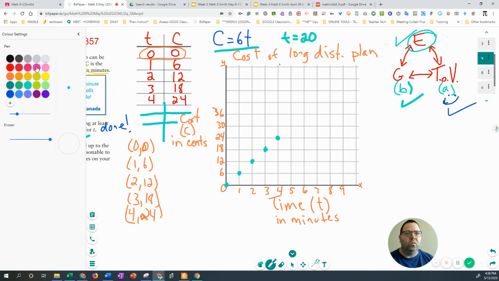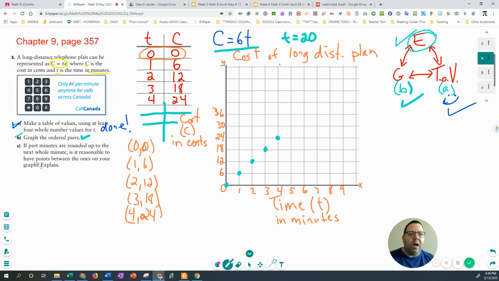I think I'll use hot pink here. Okay. Now, if part minutes, this is where some reading comprehension comes in, right? If part minutes are rounded up to the next whole minute, is it reasonable? Okay. If they are rounded up. So we're saying if you have a phone call that's 1 minute and 45 seconds, right?